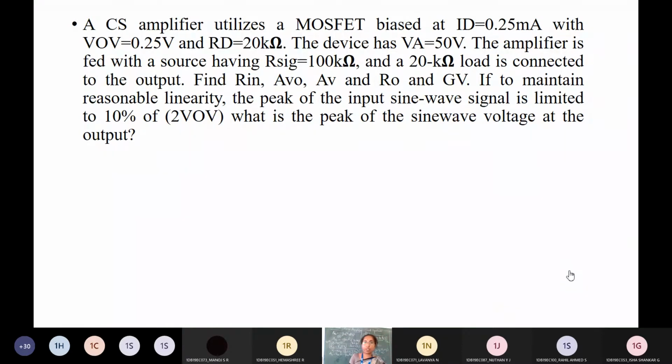Here they are specifying 10% of this value. So now I need to find out the peak of the sine wave voltage at the output, how much amplitude I am getting after amplification. First we need to find Rin, AV naught, AV, everything. All data is given.